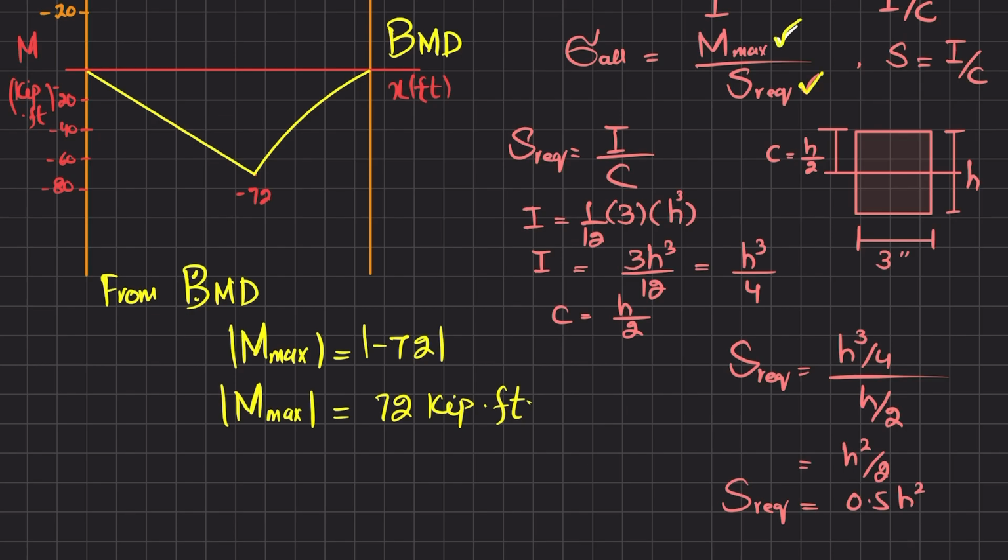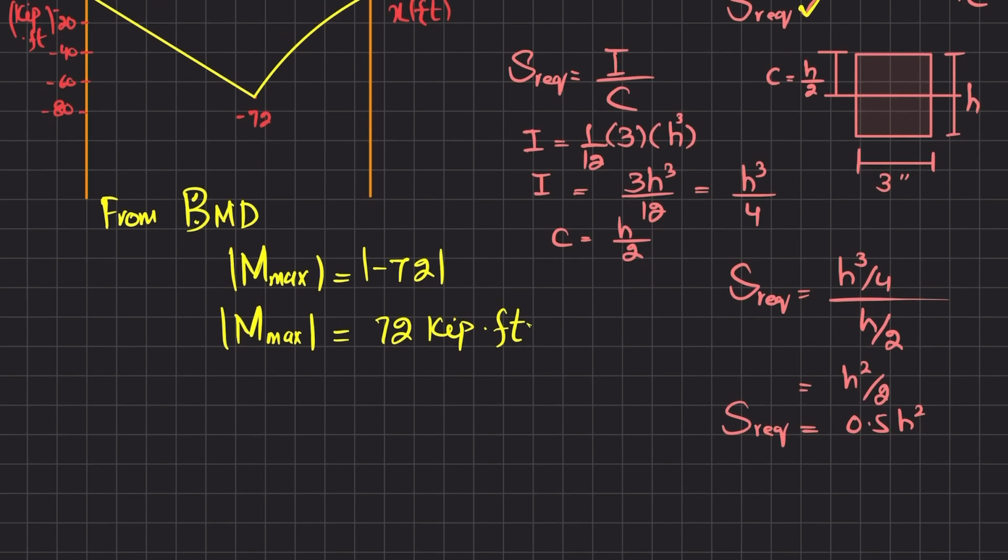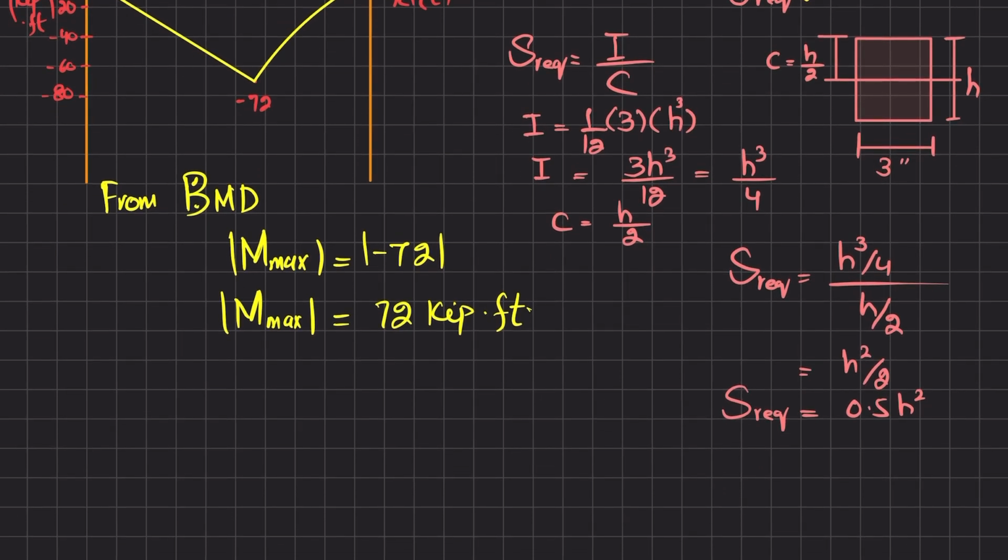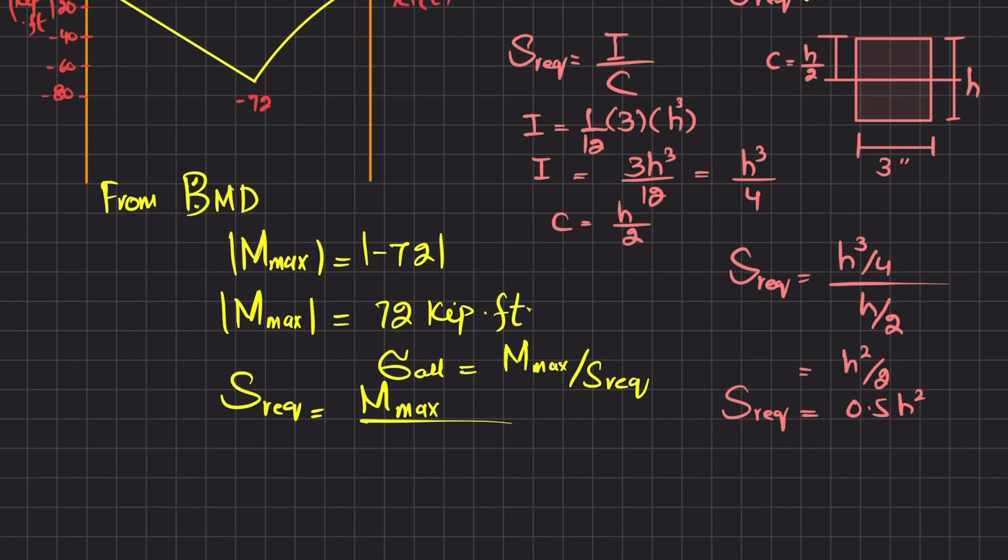You have the required section modulus. So just put it in this formula. We know that allowable bending stress is equal to maximum bending moment divided by section modulus required. So section modulus will be equal to maximum bending moment divided by allowable stress.